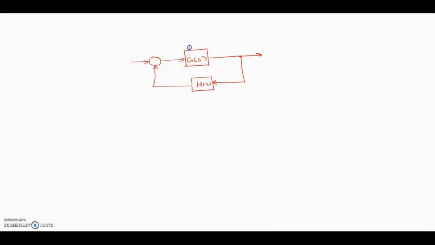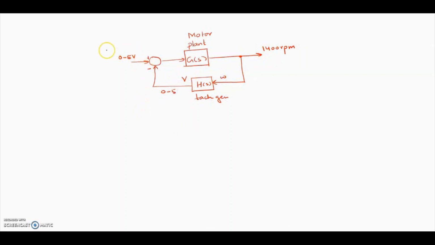Let us say this is some plant, for example, this is some motor, and we are giving some command here, for example from 0 to 5 volt range, and correspondingly we are getting some speed, for example 1400 rpm. And then there is a tacho generator, for example, which is converting this speed from omega to voltage V in the range 0 to 5 volts.